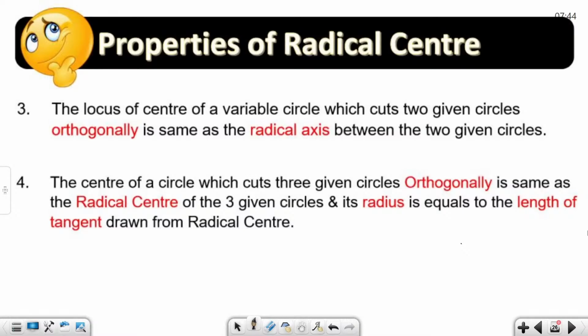The third property states that the locus of the center of a variable circle which cuts 2 given circles orthogonally is the same as the radical axis between the given 2 circles. What do you mean by that?